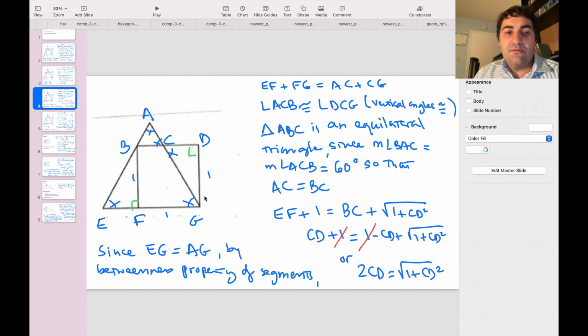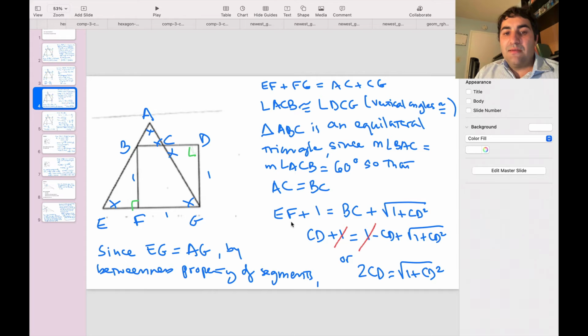So what is CG equal to? Well, we know from the Pythagorean theorem, CG is going to be the square root of 1 plus CD squared. And we also know that EF is equal to CD, which we showed earlier.